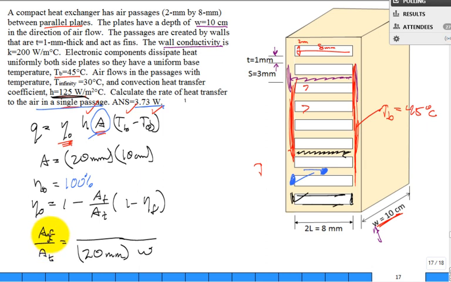That's going to be 8 times 2, 16 millimeters times W. The W is canceled. The area ratio is 16 divided by 20. Is that 80%? So that's not that hard. I think we could handle calculating that area ratio, and it's 80%.